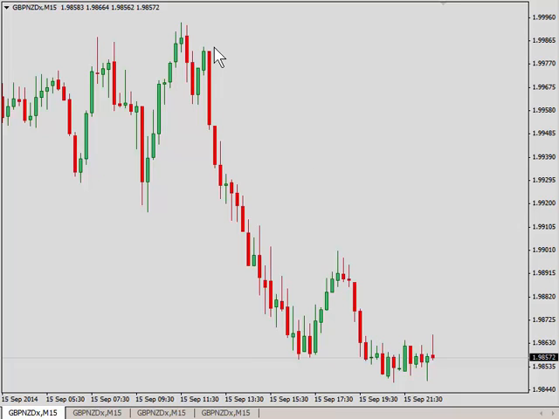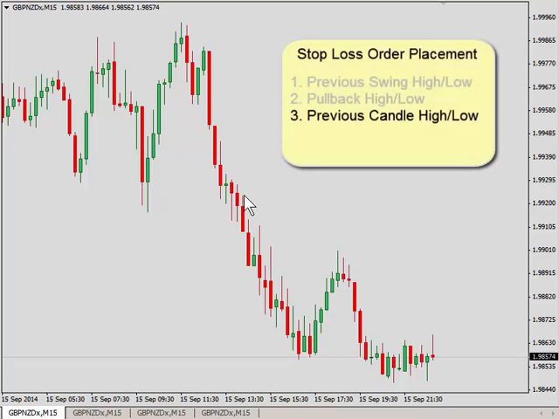Now comes the third. As the market continues to move down and move down, you can then follow the trade by placing your stop loss at a previous candle's high or low. So as the market moves down and closes, moves down and closes, I can look at placing my stop above this candle or above that candle.